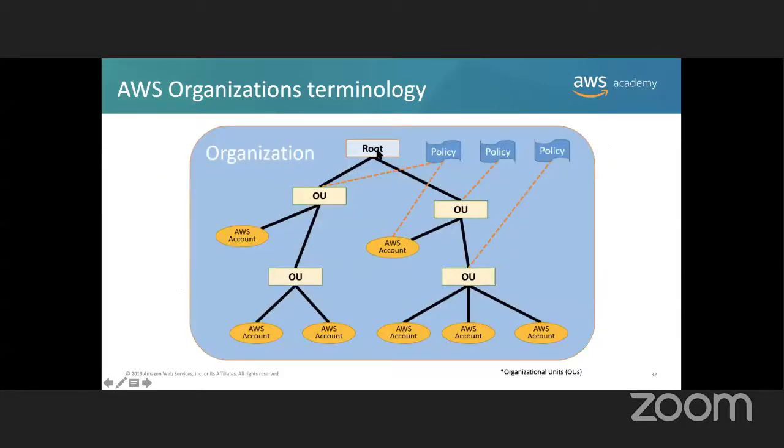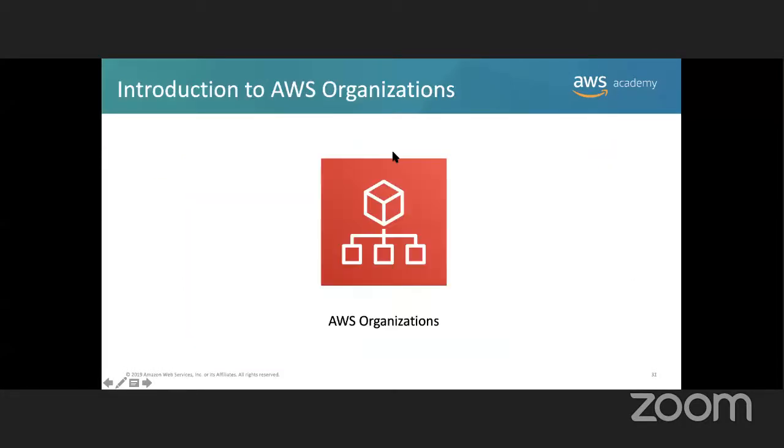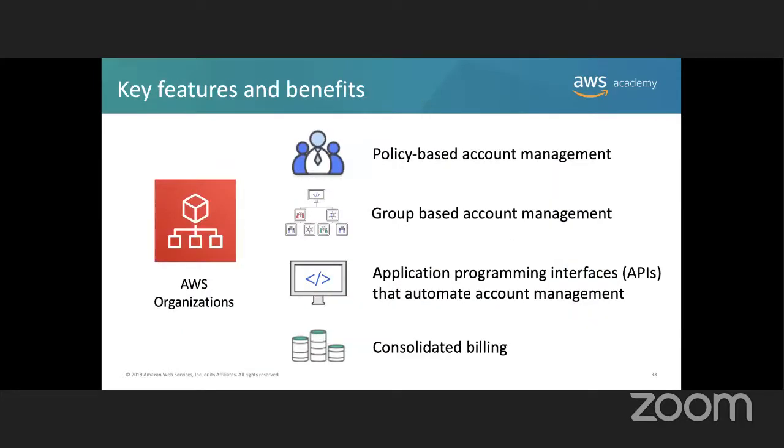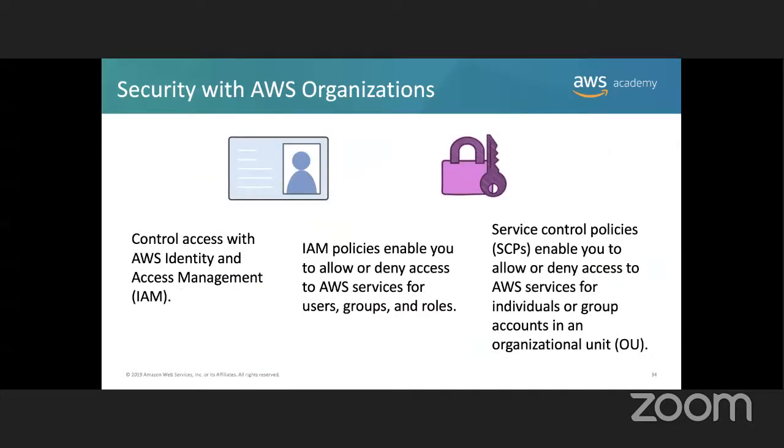So the root account gets a bill for the entire organization. You can actually distribute the bill on each organization. Consolidated billing is optional, but that's one of the benefits.